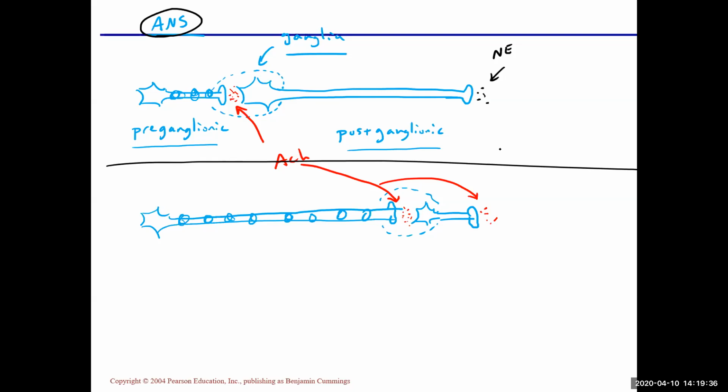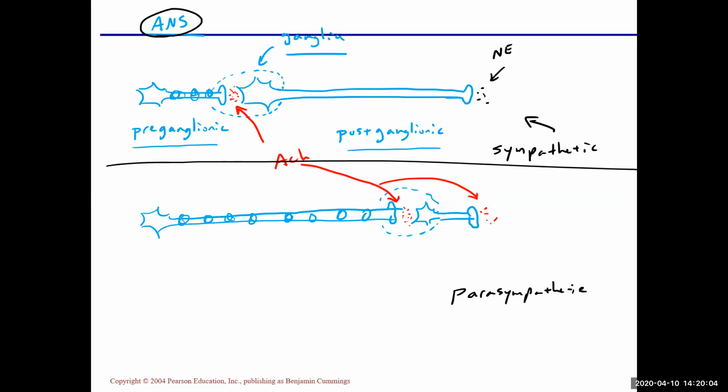This one is sympathetic. And the bottom one right here, so this includes the two neurons, by the way, this is the parasympathetic. Parasympathetic, so this is two divisions now, okay?